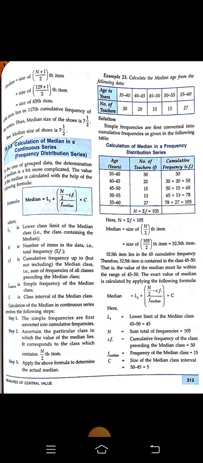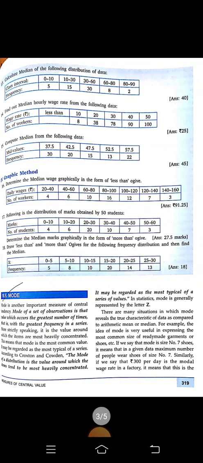The cumulative frequency in that range we got is 50. So that is again 50 into C, that is 5, because C is the size of the median class interval, 45 to 50, that is the interval of 5. Now as we solve it, we are getting the median as 45.83.